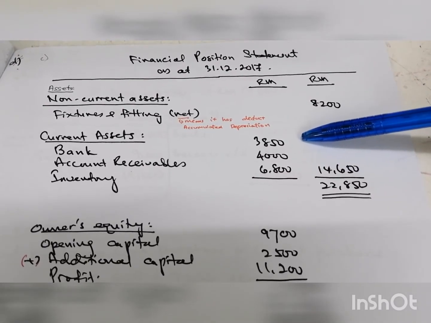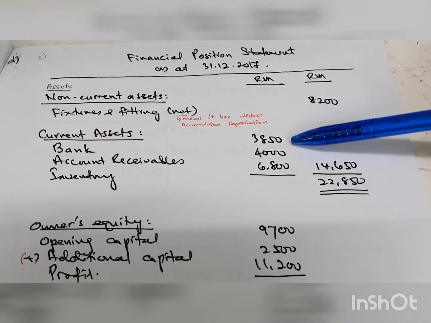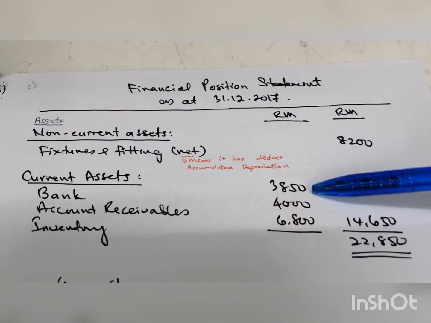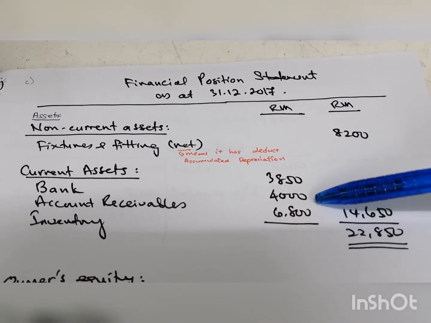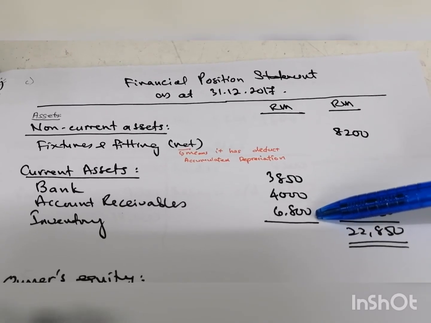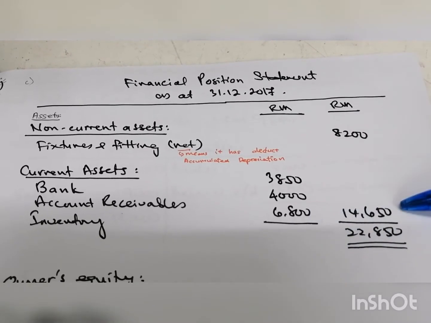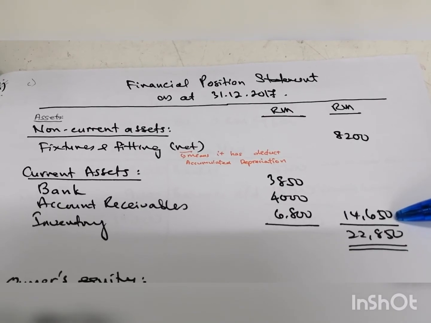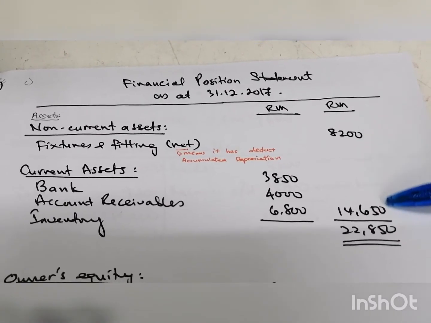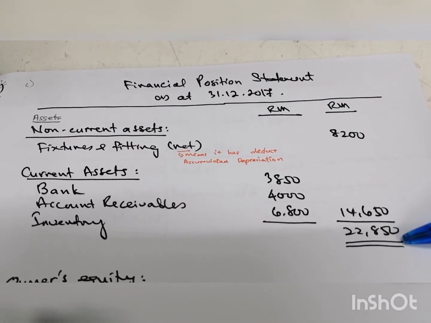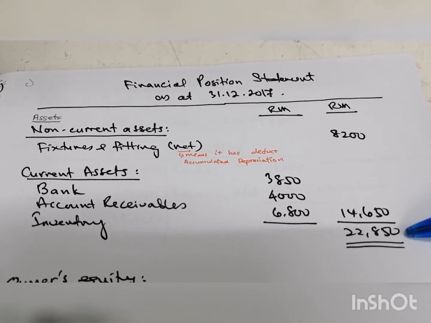Then your current assets are bank 3,850, account receivable 4,000, inventory 6,800, so your total is 14,650. Non-current assets added to current assets give you total assets of 22,850.